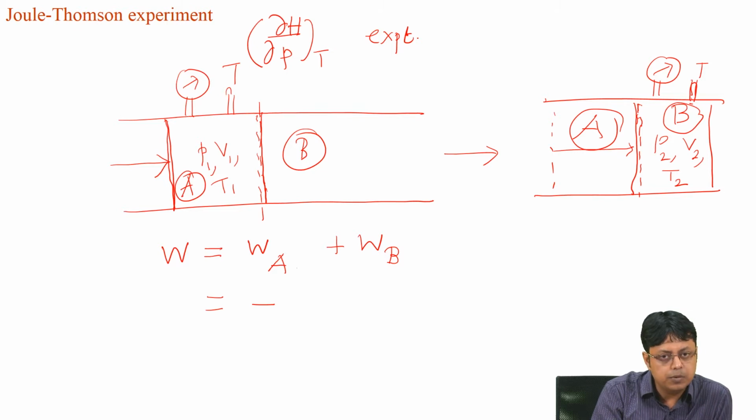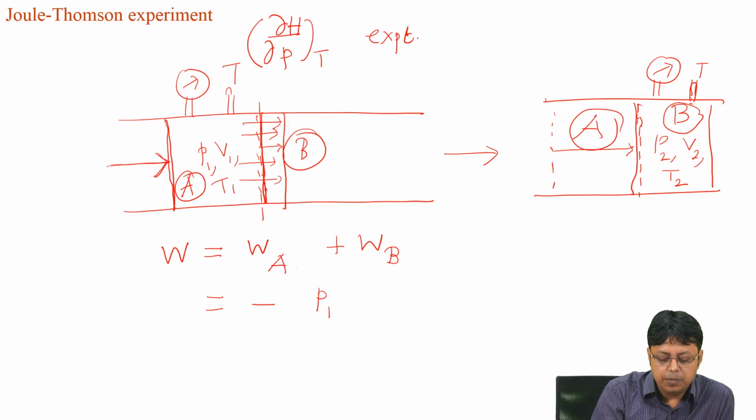Now, what was P opposing in this case is P1, because as we move the piston from left to right with some pressure, the opposing pressure is always P1, because the gas molecules are leaving chamber A and going to chamber B, and as a result the second piston, which was here initially, keeps on moving.